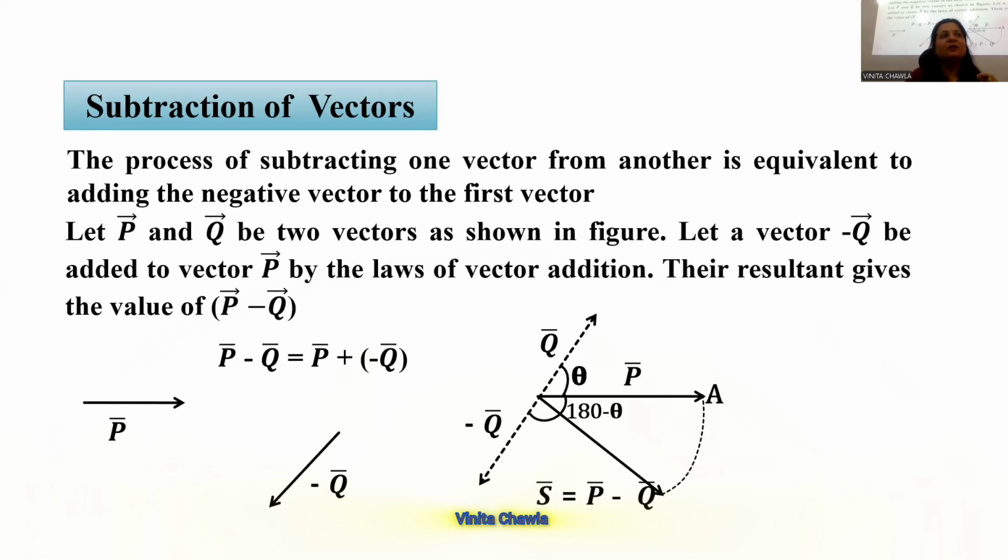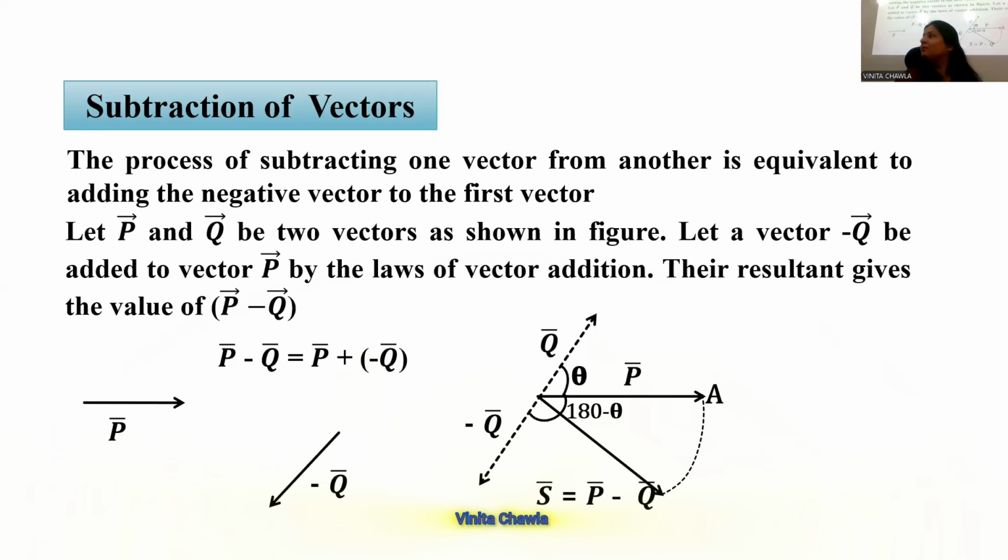These two vectors have the same initial point. They are co-initial vectors. Vector P and minus vector Q have the same starting point. So when two vectors have the same starting point and we want to find the resultant, which law do we apply? Triangle law, or parallelogram law of vector addition? We apply the parallelogram law of vector addition.